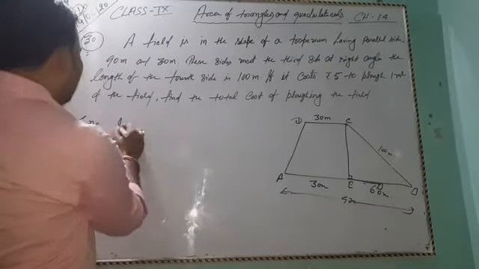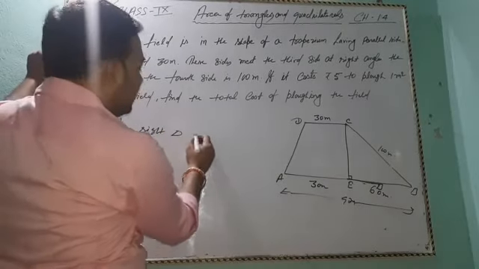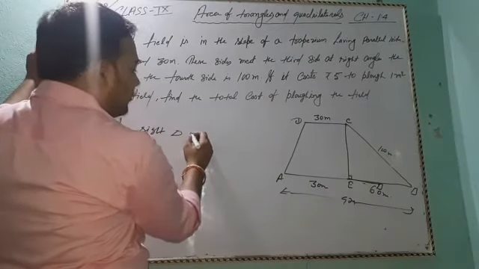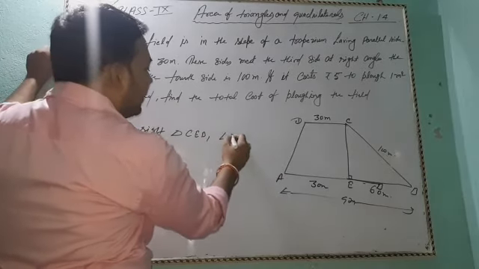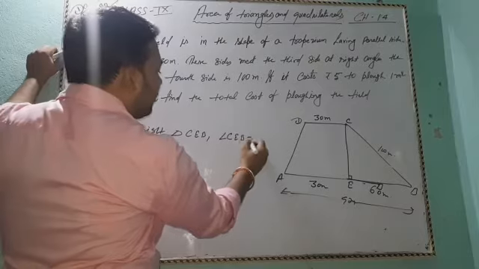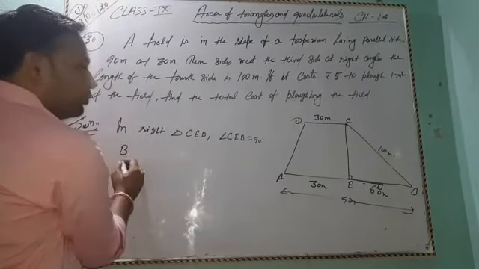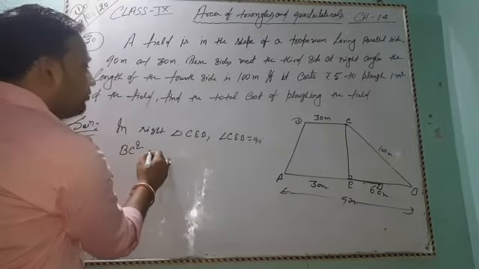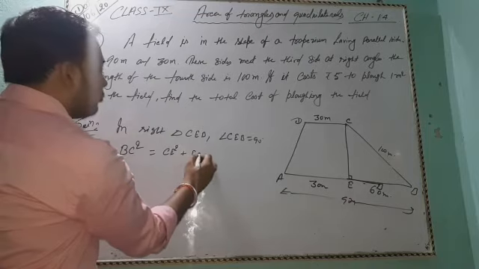So in right triangle CEB, angle CEB equal to 90 degrees. By using Pythagoras theorem we write BC square equal to CE square plus EB square.